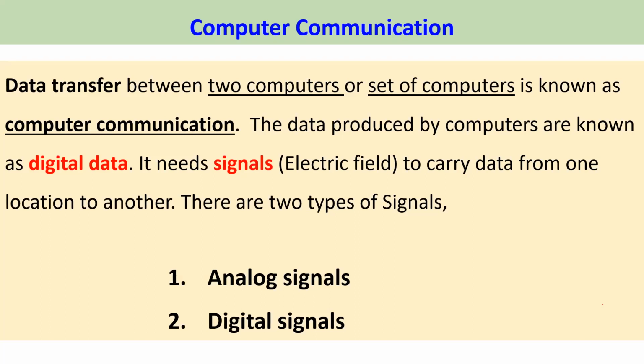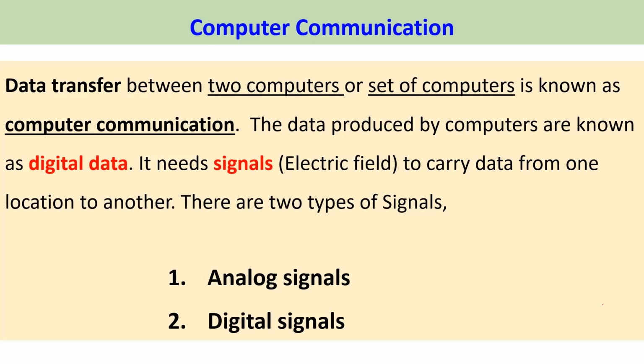That's about computer communication. Again, get an idea about that. Data transfer between computers is known as computer communication. To transfer data, computers have digital data. We say digital because computers can understand only ones and zeros. Therefore, computers make digital data.